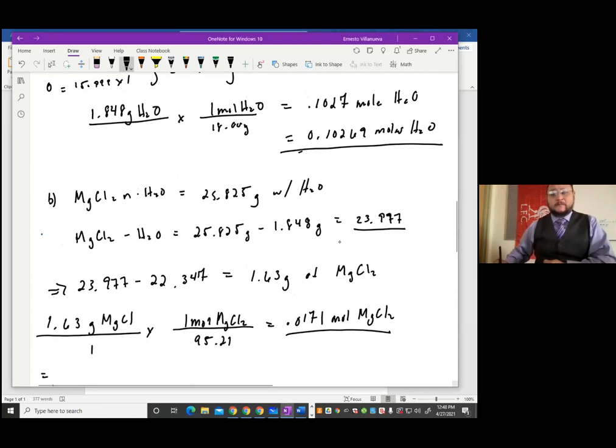Last bit. We're going to take the moles of water and get the mole ratio of water to magnesium chloride. So we figured out water was 0.10269 and magnesium chloride was 0.0171.